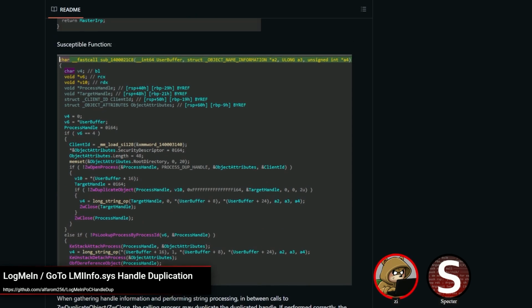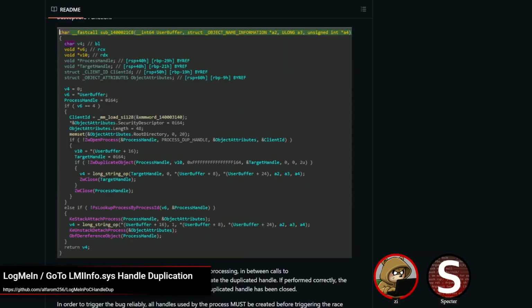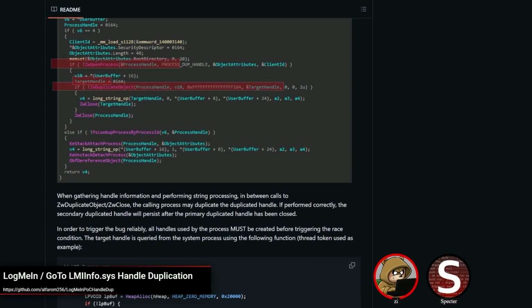The bug itself comes down to this reverse engineered code, where we don't have the entirety of the context and flow, but ultimately it will open a target process. It will duplicate an arbitrary handle from the process into a target handle. It does some work with that. They named the function long string off, and they just mention that it's doing some string work with it. Once it has the target handle, it does something with it, and then it closes the target handle.